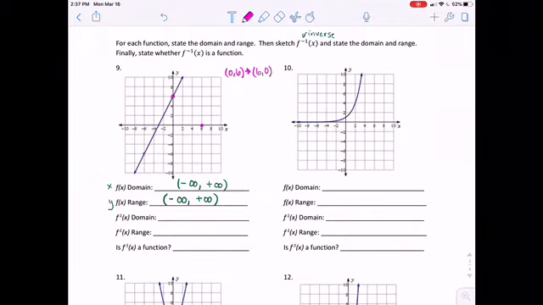Maybe I'll use this point right here, which looks like it is at (-6, -6). If I switch the x and y, I'll get (-6, -6), the same point. So now, if I draw this inverse graph, it's going to end up looking something like this. Okay, so there's my inverse.